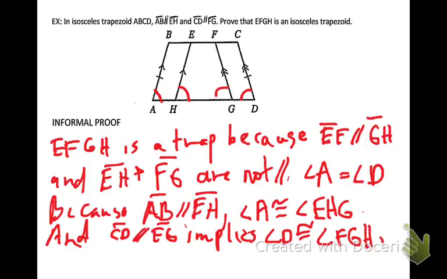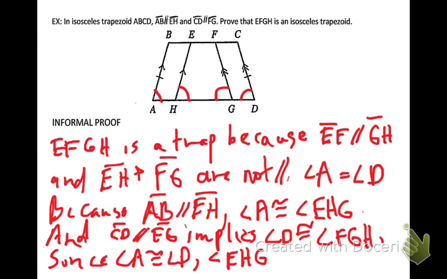Alright, so now we have these two angles congruent. And now, by transitive, since angle A is congruent to angle D, we can say angle EHG is congruent to angle FGH.